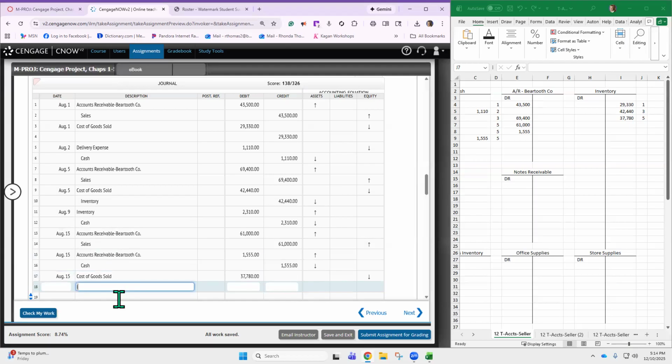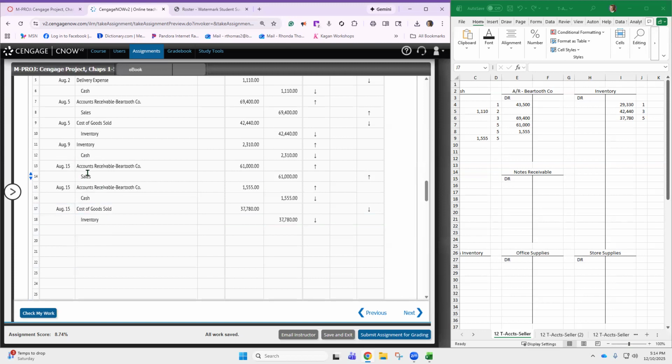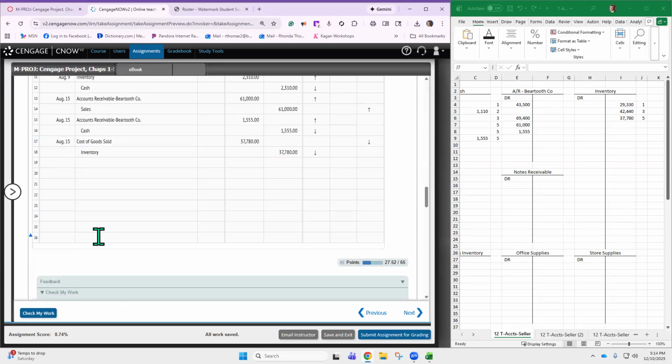And then the last piece is a credit to inventory to make it go down, 37,780. So once again, August 15th actually had 3 sets of journal entries, and I would just keep them just like that. And I'm hoping that Cengage agrees. Otherwise, we're going to have to go back and fix a few things. So let's go ahead and see what Daniel wanted us to do.